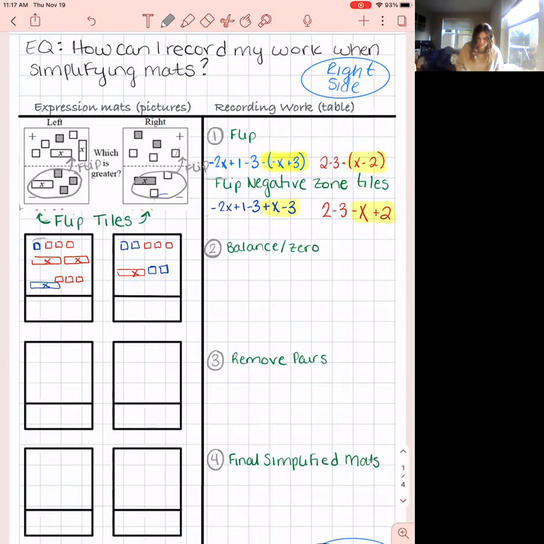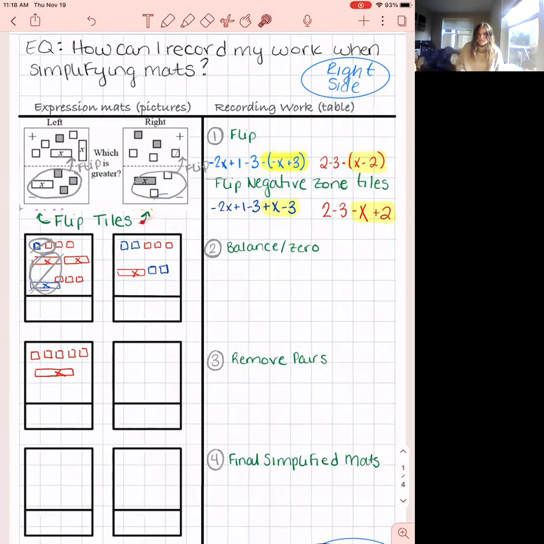So I have that here with those unit tiles, and I have that here with those X tiles. So those are gone, those are gone. So let's redraw that down below with what's left. I'm left with a total of 5 red unit tiles and 1 red X tile.